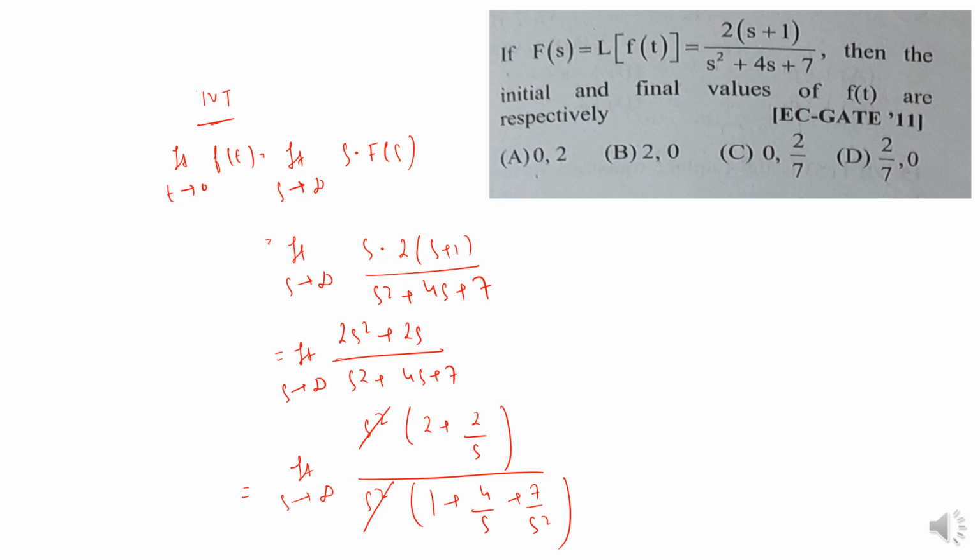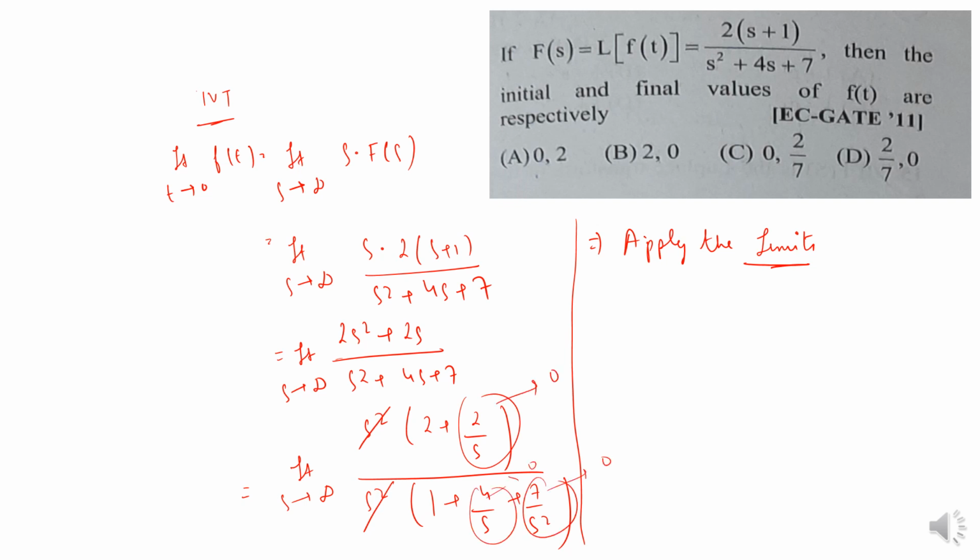Now if we apply the limits, we get this value becomes 0, this value becomes 0, and this value becomes 0. Therefore the initial value is 2. Out of all these options, the one with initial value 2 is only B, so B is the correct option.